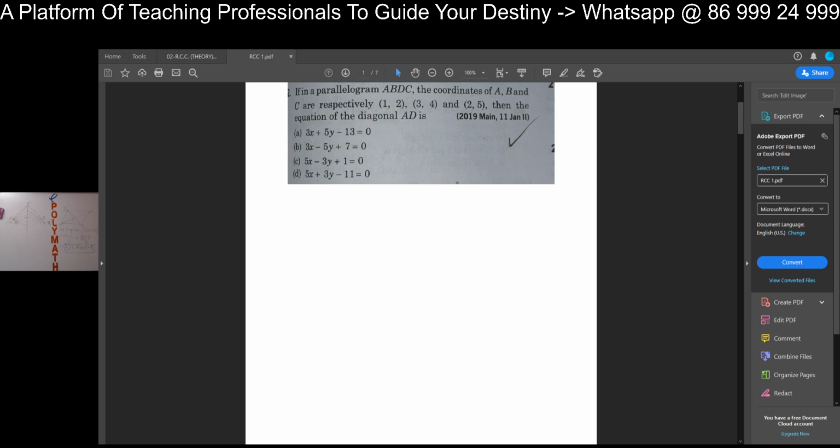And 3 into 5 by 2, 15 by 2 minus 45 by 2, that is 30 by 2. Check the answer please.